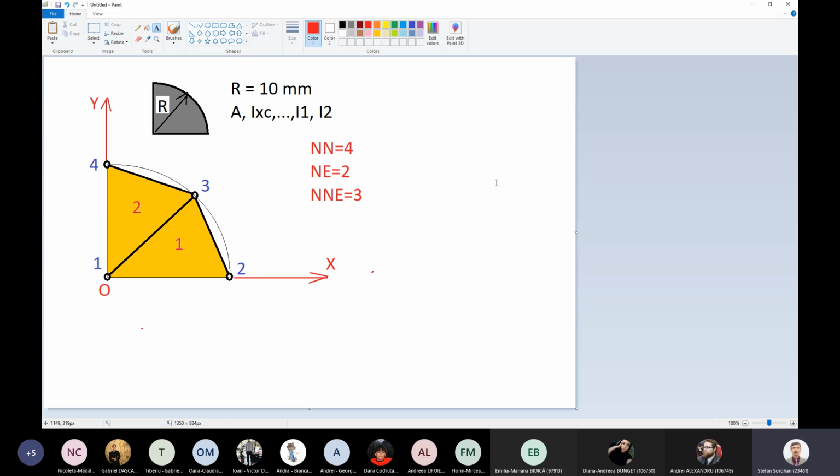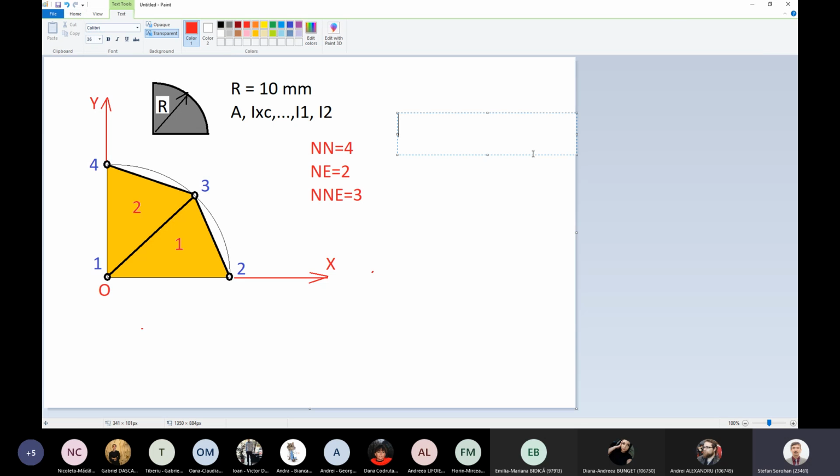And let's define an input data file for this one. The coordinates for node 2 is just OR. The coordinates for node 3 is not very difficult to obtain.